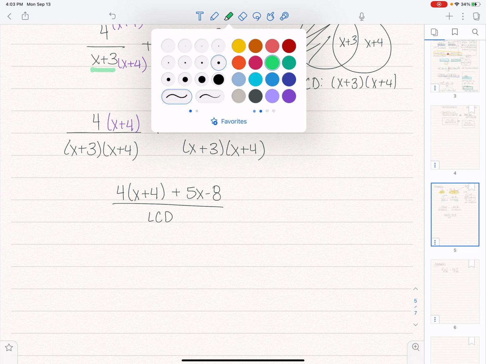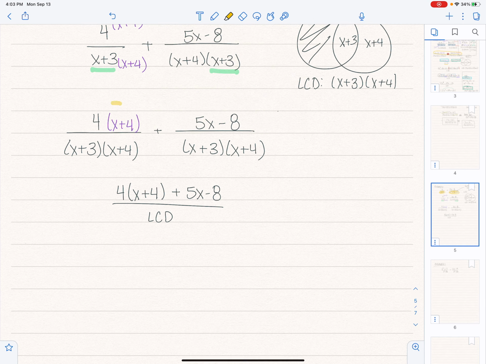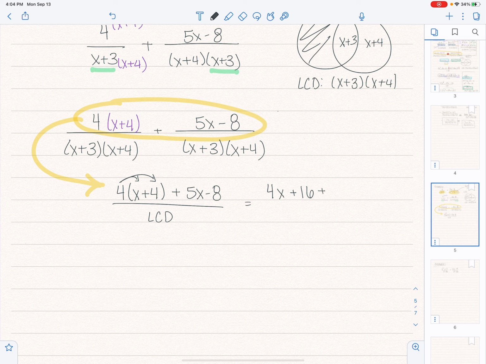What I did in that step was take these numerators and combine them into one fraction. Now I'm working on simplifying, so I'm going to distribute. 4 times x is 4x, 4 times 4 is 16, and then I have that 5x minus 8 over the LCD.